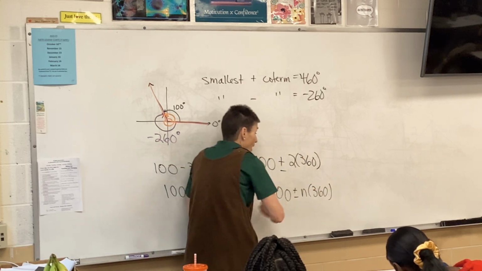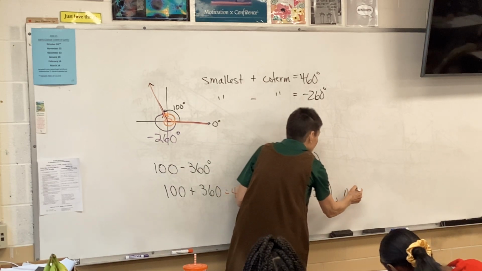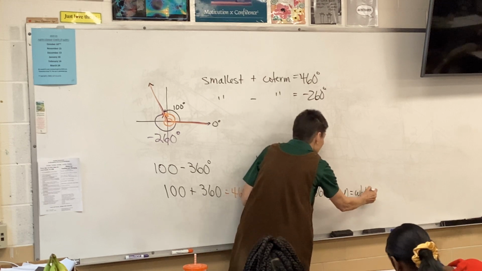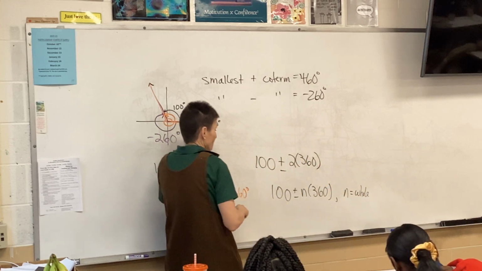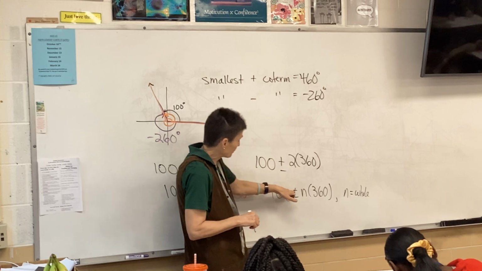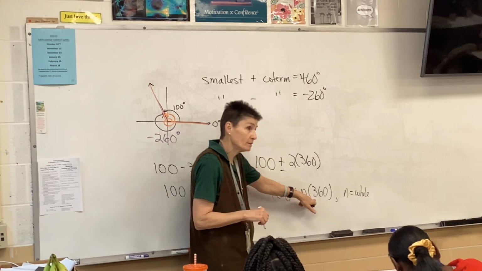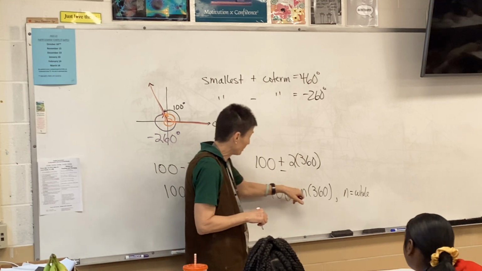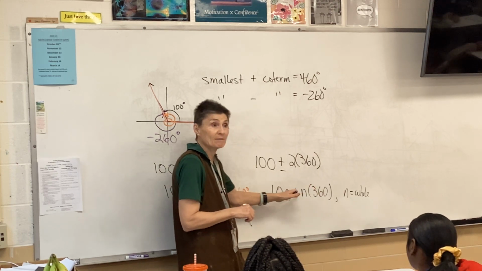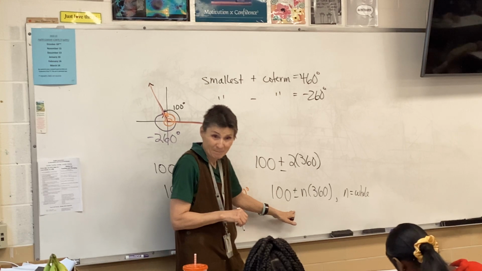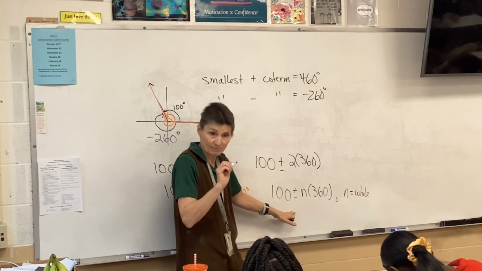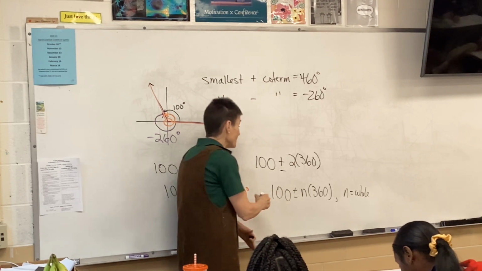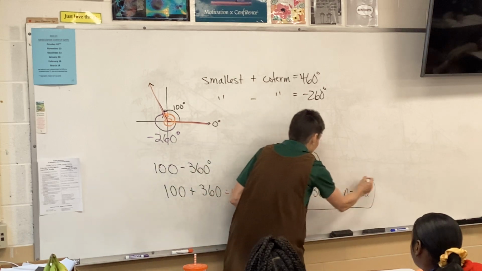And that describes, if I let n be a whole number, like 1, 2, 3, 4, 5, 6, this describes 100 plus 1 revolution, 100 plus 2 revolutions, 100 plus 3, and so on. But it doesn't have to be plus, it could also be minus to get the negative coterminal angles. So this is all of them.